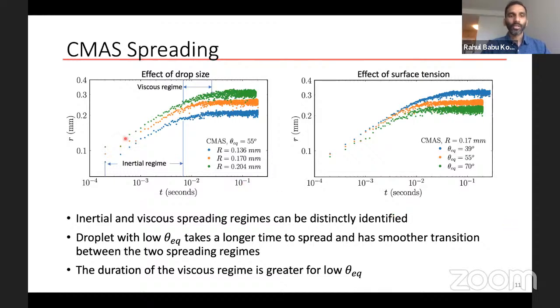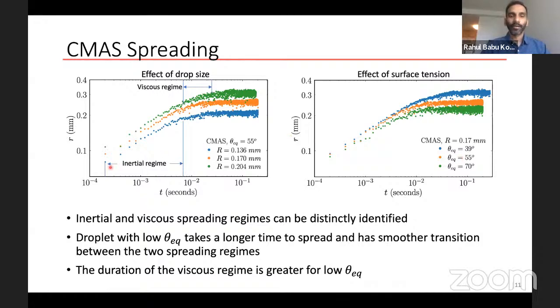Here on these plots, which are both log-log plots, what I'm plotting is the contact radius, the spreading radius on the solid surface, as a function of time. In the left plot, we are looking at the effects of drop size, and on the right, we are looking at the effects of the final equilibrium contact angle.